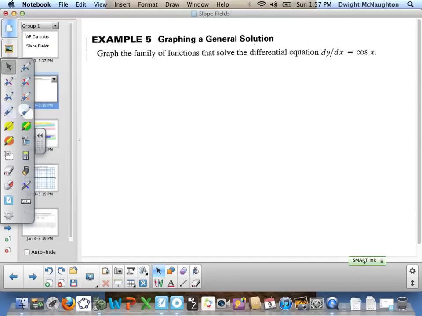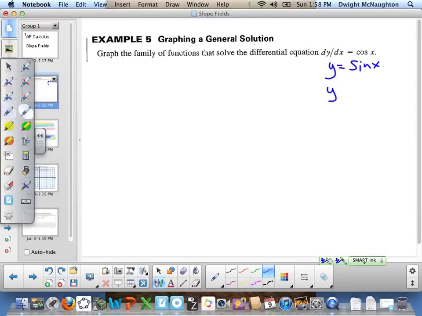We'll sit back and think, what function has the derivative of cosine x? Well, y equals sine x has a derivative whose cosine is x. Or, I'm sorry, whose derivative is cosine x. However, so does y equals sine x plus 4, because the derivative of the 4 goes down to 0.